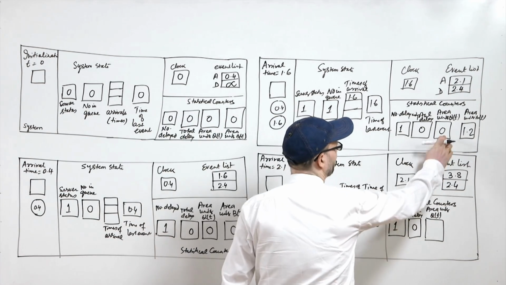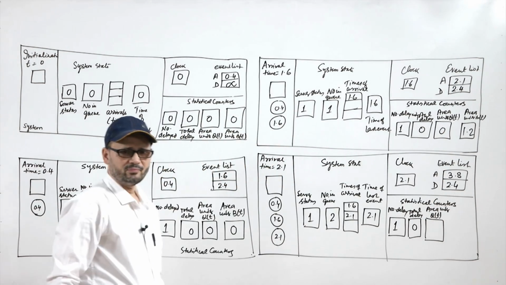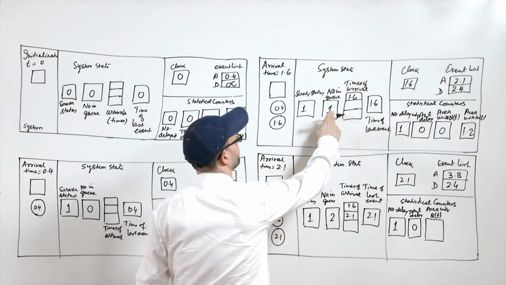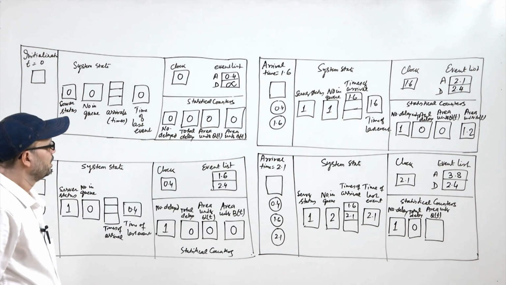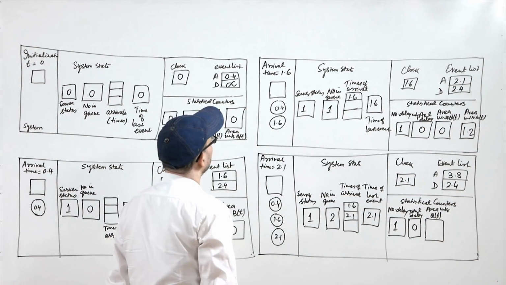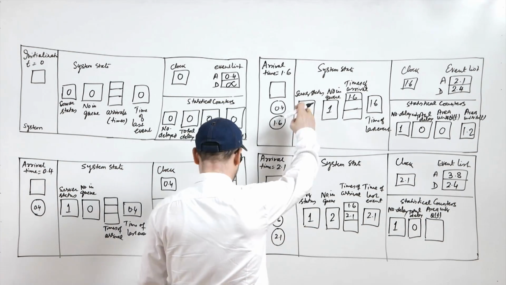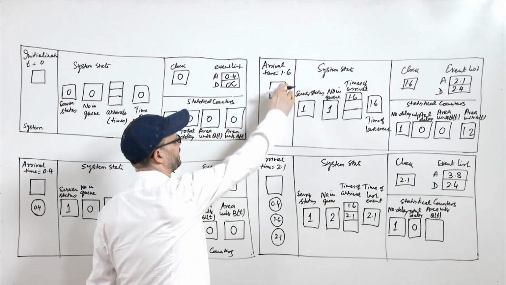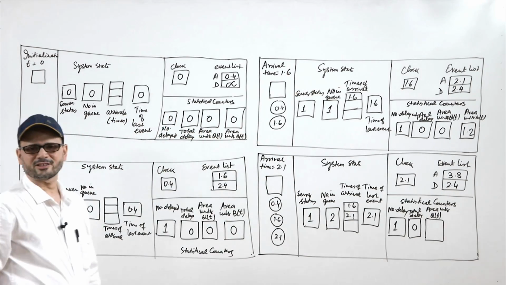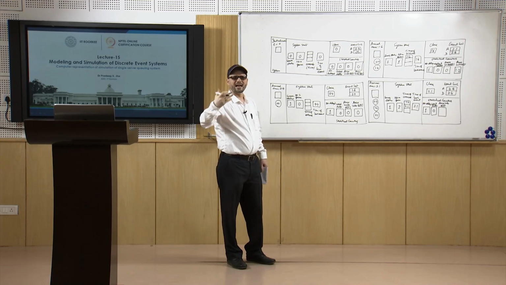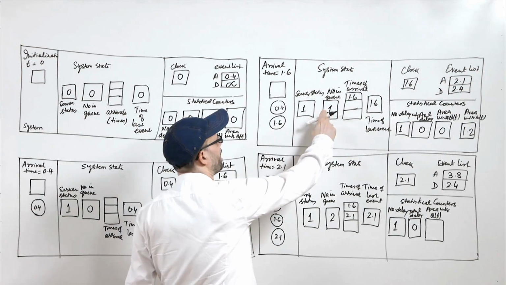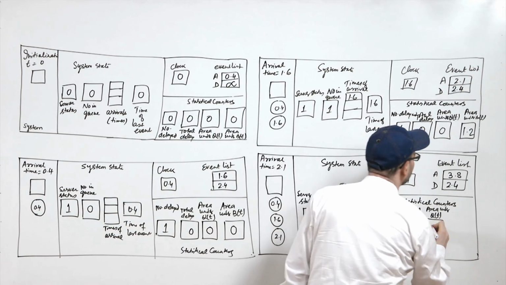The earlier value was 0 plus, since now there is one customer in the queue and there is a time lag of 0.5. As we see, the time is 2.1 and this time is 1.6. So, there is a lag of 0.5 minutes. So, 0.5 multiplied by 1, so it will be 0.5.